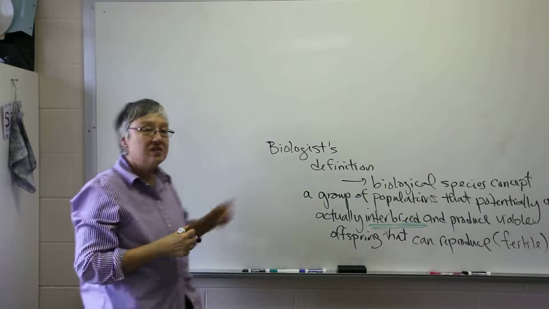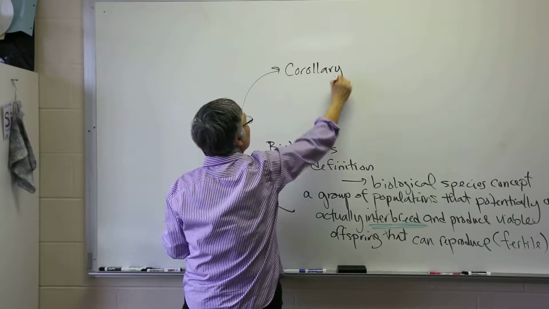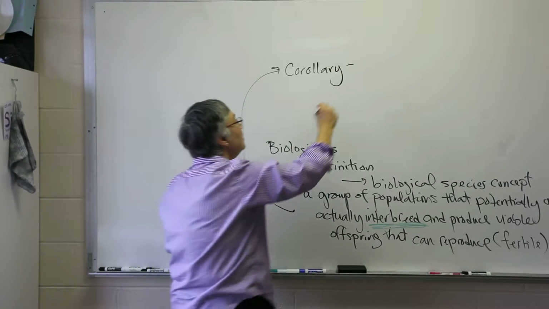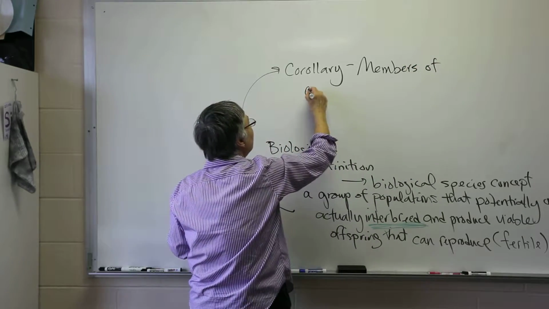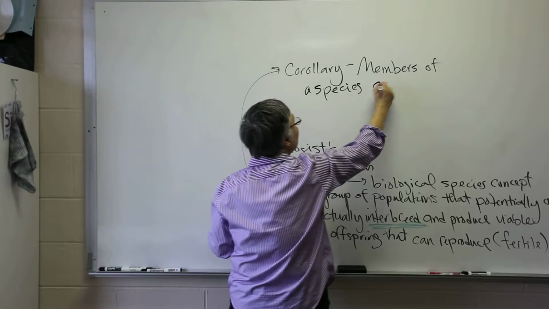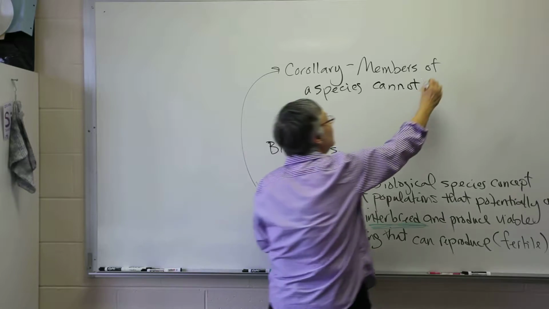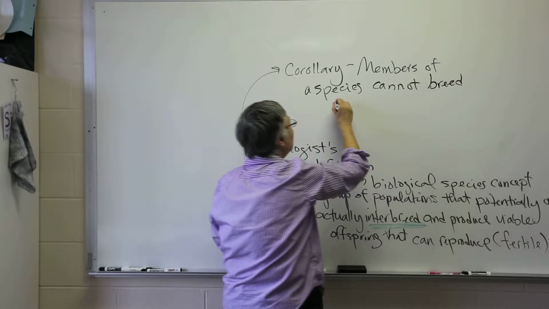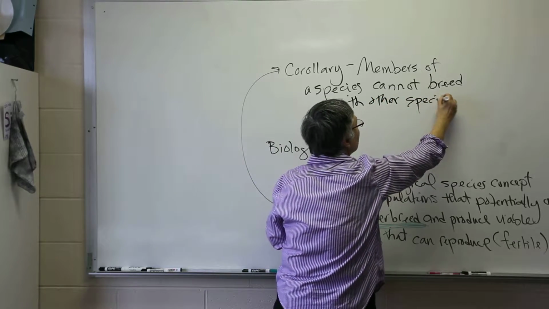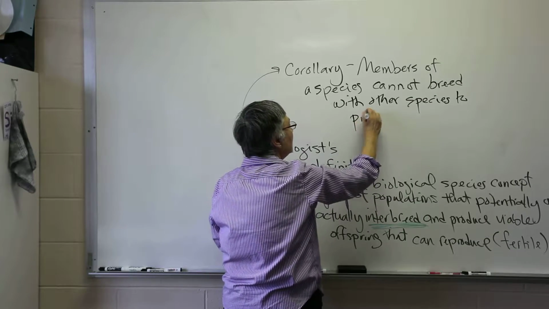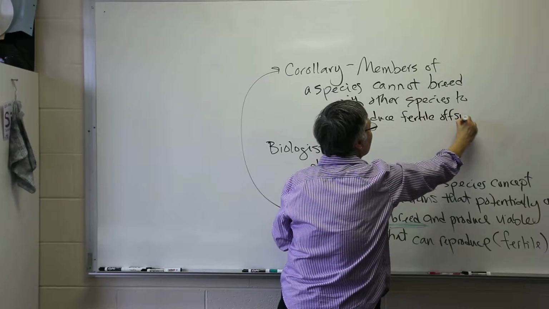A corollary to this definition, which I'll put up here, is that members of a species cannot breed with other species to produce fertile offspring.